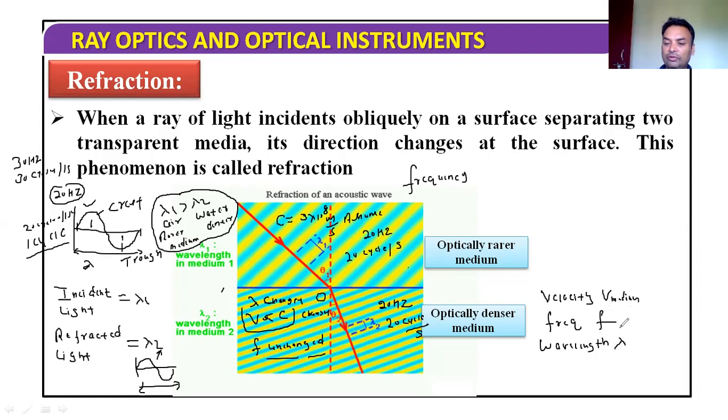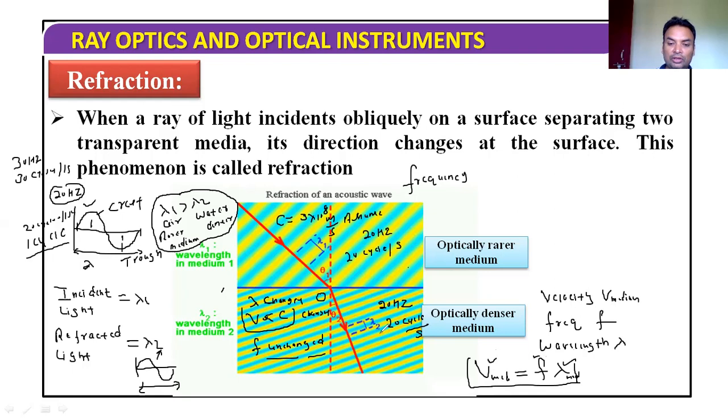So what is the relation between these three? Velocity in the medium is equal to the product of frequency and wavelength of the medium. If we know the frequency in a medium and the wavelength in the medium, then we can find out the velocity in that medium.